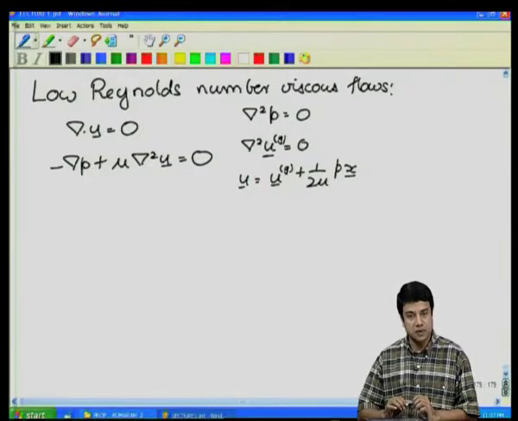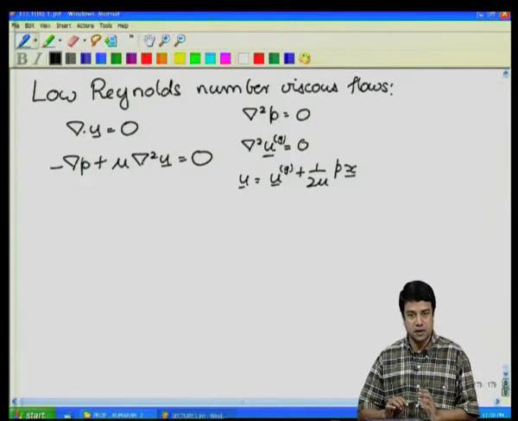We also considered 2 other situations where either we had a rotational flow far away or an extensional flow far away. In those 2 cases, there was no net force. However, there was a net torque or a net force moment. The velocity field due to these decayed as 1 over r square. And we saw how to construct the solutions due to these force moments, both the symmetric and the antisymmetric.